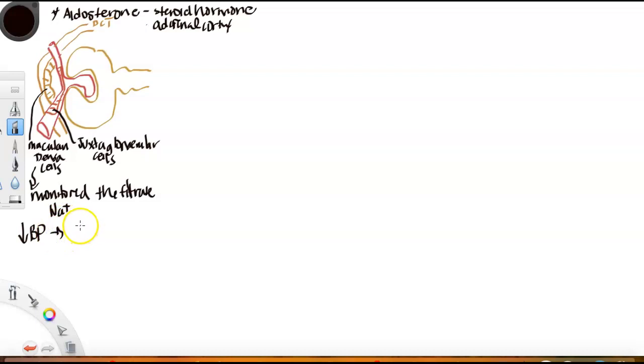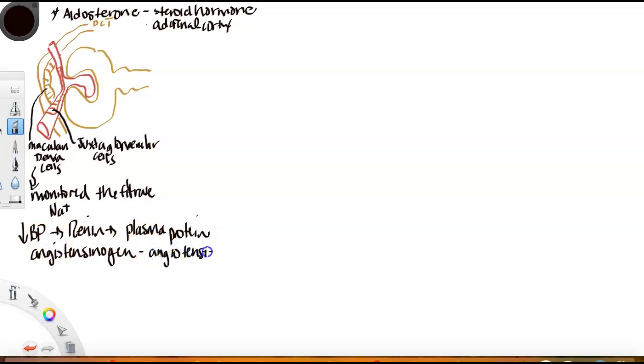So when we have that, the macula densa cells signal the juxtaglomerular cells in those vessels to secrete renin. Renin comes into contact with a plasma protein called angiotensinogen. And when it contacts that plasma protein, angiotensinogen becomes activated into angiotensin 1.